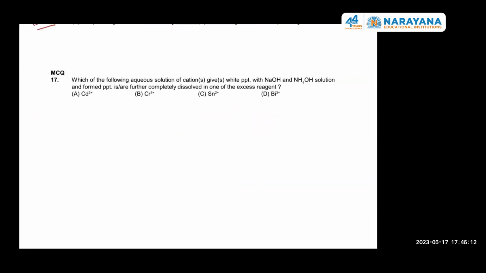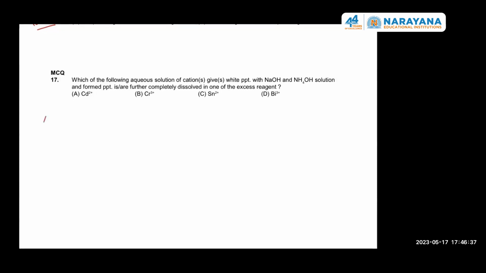Okay, so you have to make the cases of every cation here. We have to focus on two points: the cation gives a white precipitate of a hydroxide, and then that precipitate completely dissolves in NaOH or in ammonium hydroxide, in any one of them.